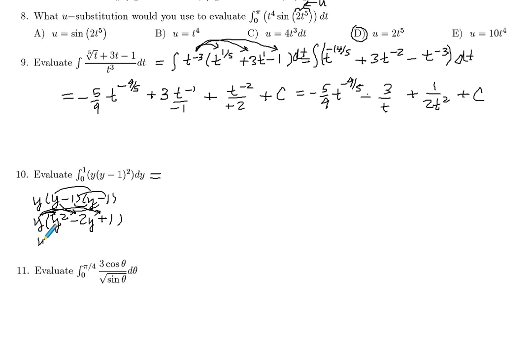So this is going to be y cubed, y times y squared, minus y times 2y, 2y squared, and then y times 1, plus y. So this is going to be the integral from 0 to 1 of y cubed minus 2y squared plus y, all with respect to y.